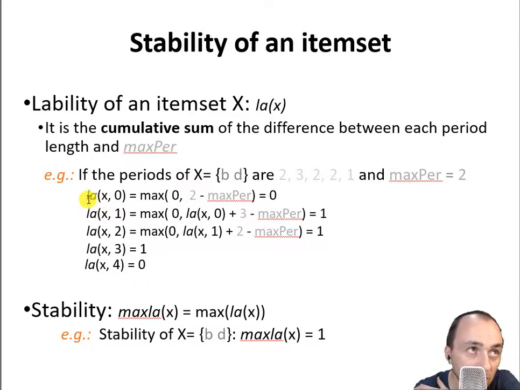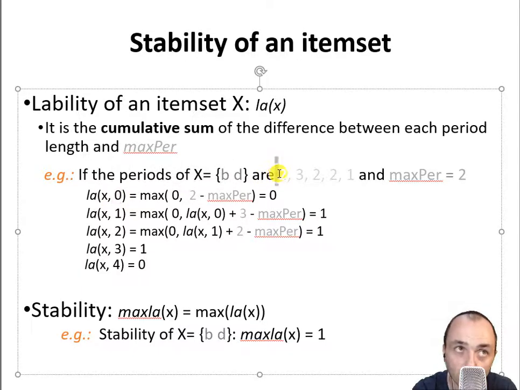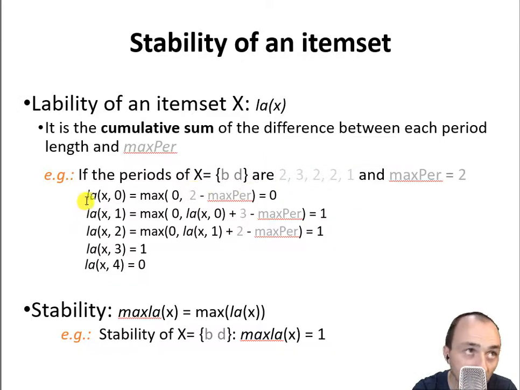The liability of X for the first period, which is 2, is the maximum of 0 and 2 minus the maximum, by how much we exceed. So 2 minus 2 is 0. We did not exceed the maximum, so we say the liability is 0.